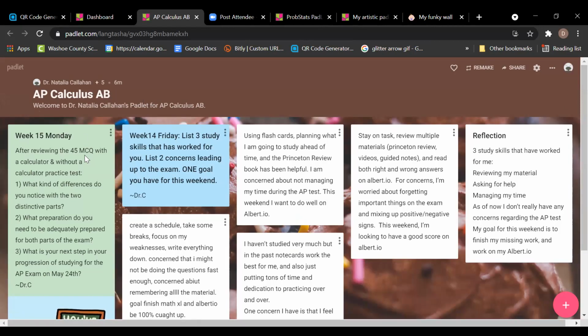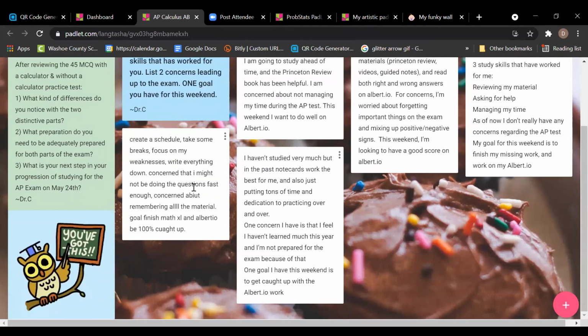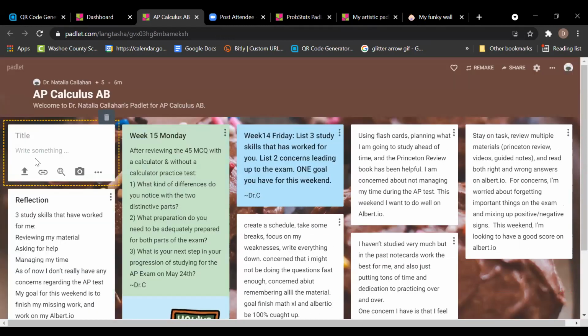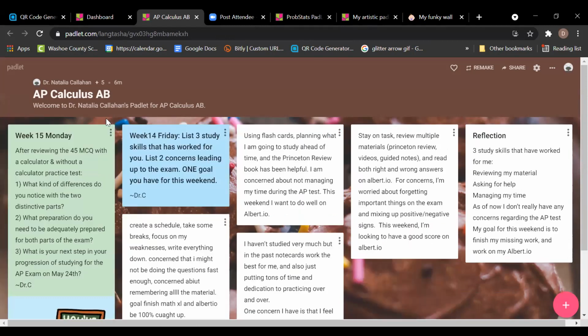After reviewing the 45 multiple choice questions with a calculator and without a calculator: 1, what kind of differences do you notice with the 2 distinctive parts? 2, what preparations do you need to adequately prepare for both parts of the exam? And 3, what is your next step in your progression for studying for the AP exam on May 24th? Answer this question by clicking the plus sign, and you will be able to add your own note to answer this question.